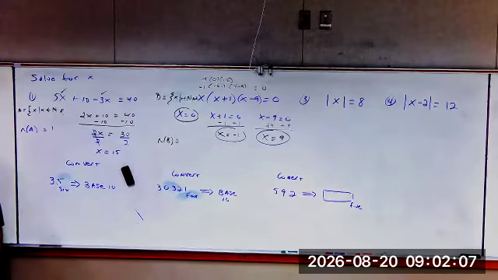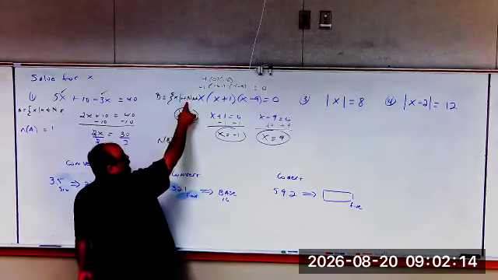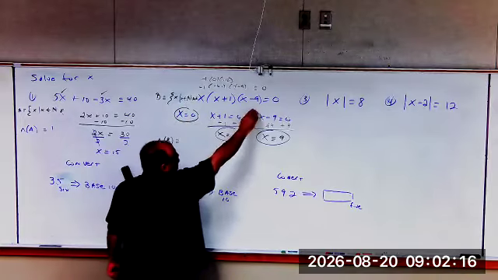Only one. Because how many natural numbers are there? There's an infinite number, but it also has to work here.